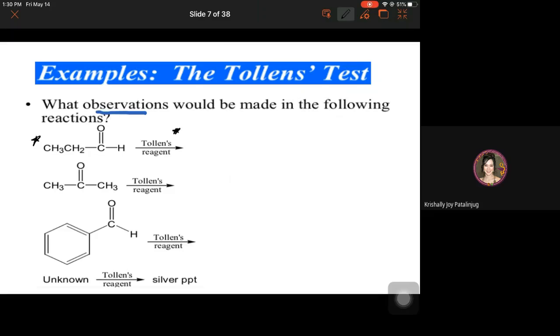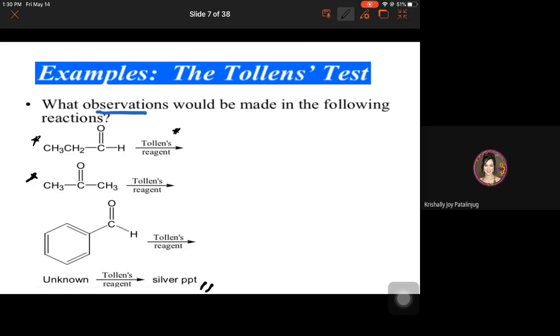What do you think is the observable result? Very good, silver. You can write silver precipitate, silver metal, or silver mirror formation. That is the observation we will see, showing the aldehyde was positively oxidized.